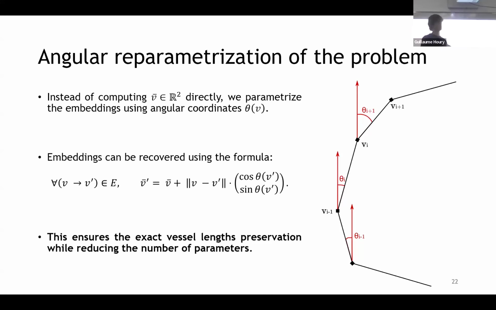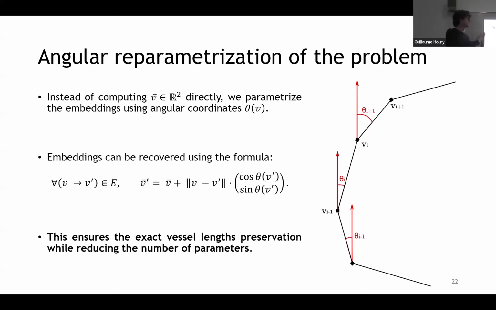And this orientation can be described by a single real parameter, which in our case, we chose to be the angle made by the vector and some arbitrary axis that here is the vertical axis of the embedding plane.